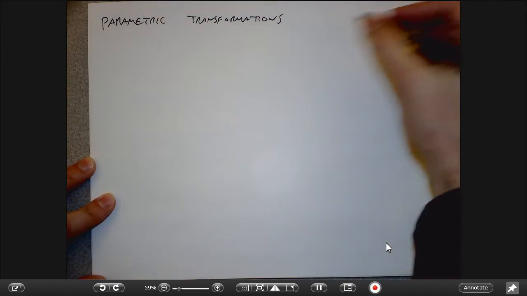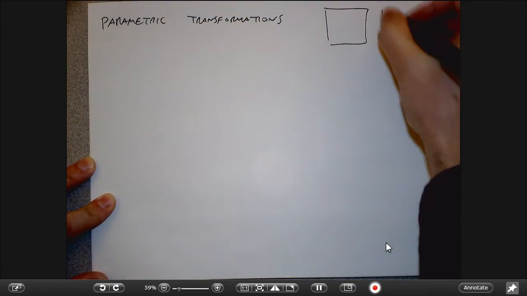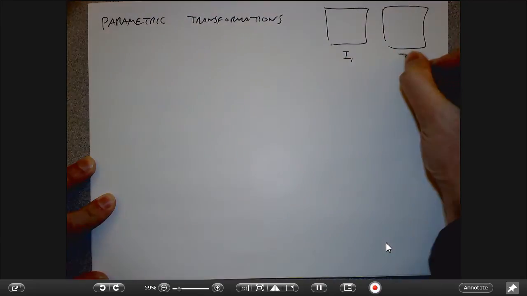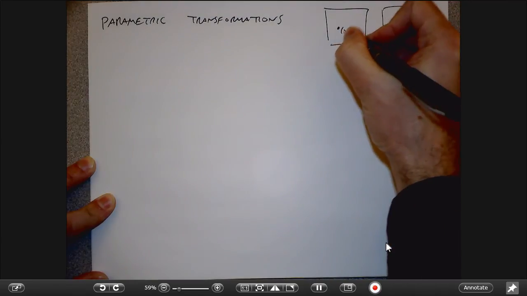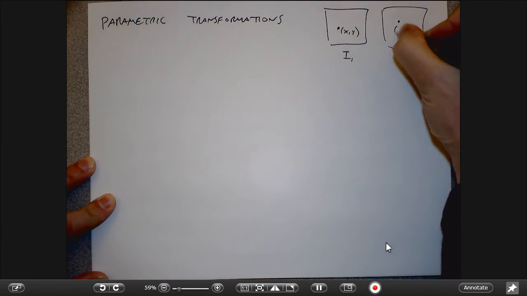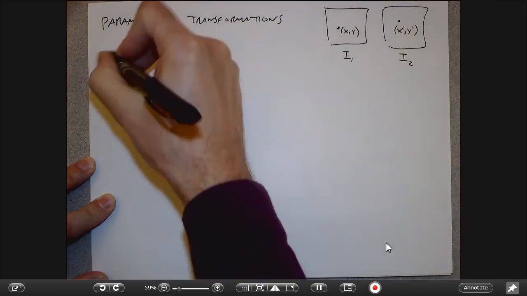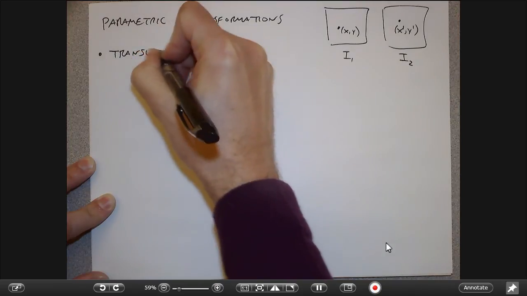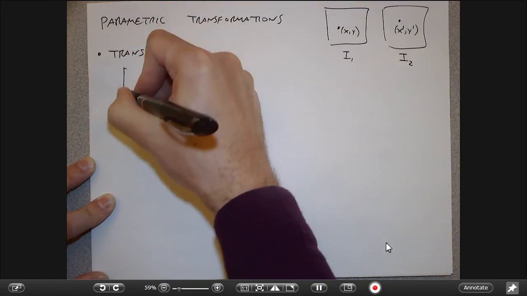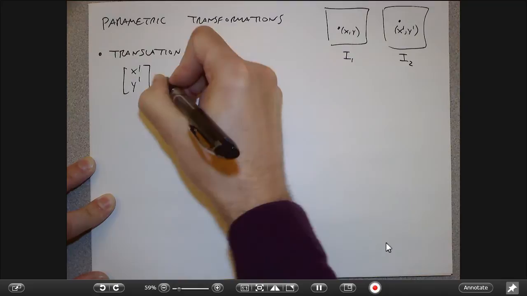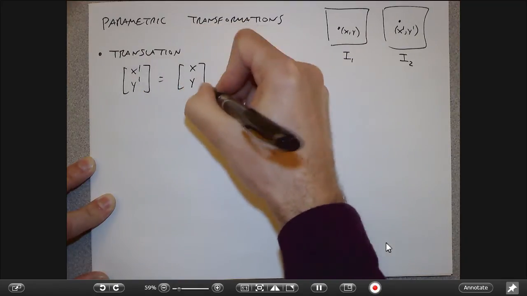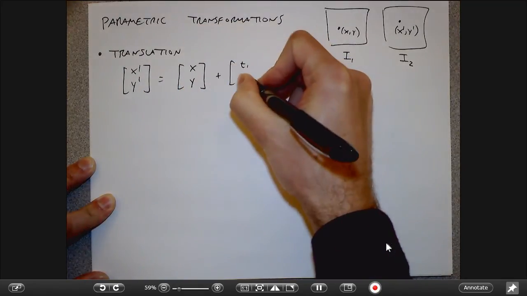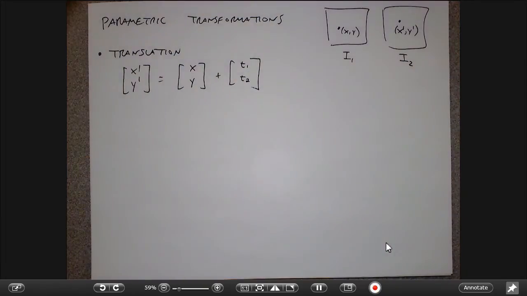If I have x, y over here, and a corresponding point x prime, y prime over here, you are probably already familiar with some of these. Translation is when I take the pixel in one image and I move all those pixels by exactly the same translation vector.